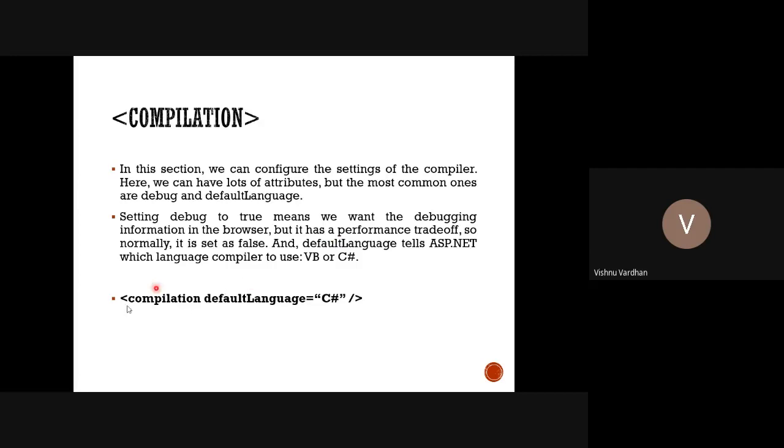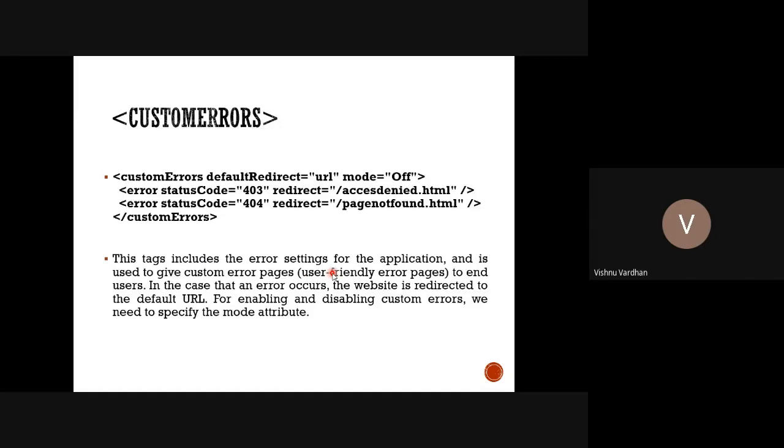Then compilation, it is easily understandable. Compilation default language, what is it, C# or VB, you can set from this compilation section. Then custom errors, as I've said, suppose there is any error occurring on the web page, you should have this custom errors mode opened up so that any runtime error or any part of error that is coming from your application is gracefully taken to a particular user interface which is looking beautiful, something like please come after some time.